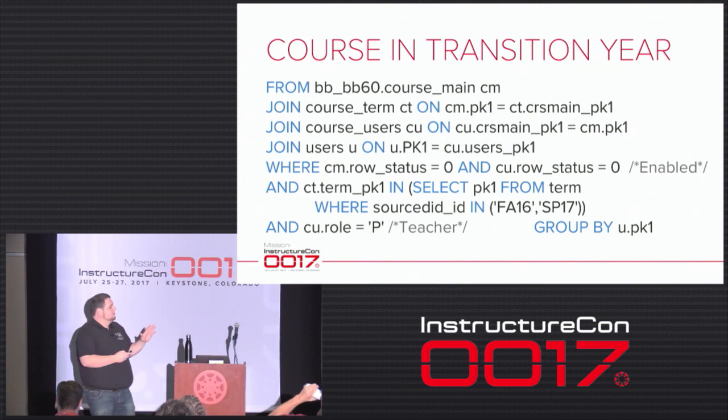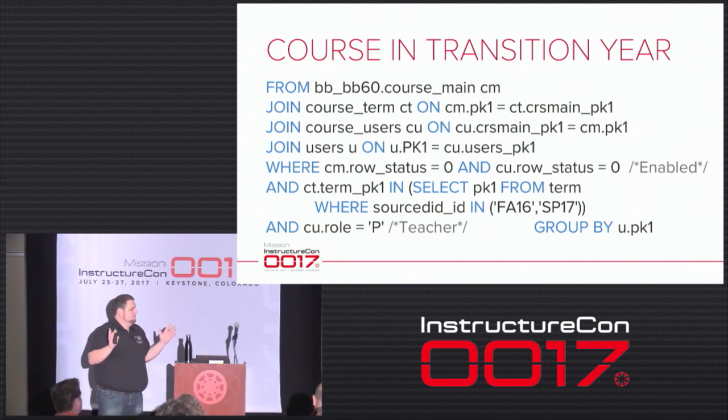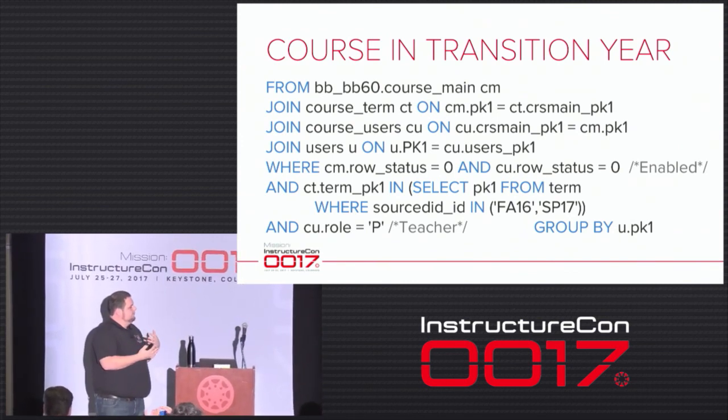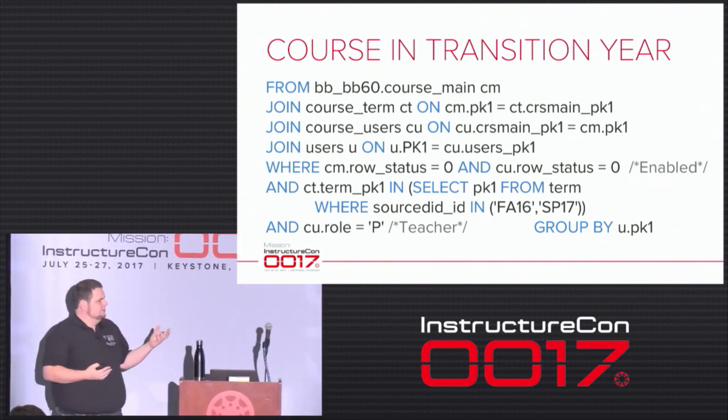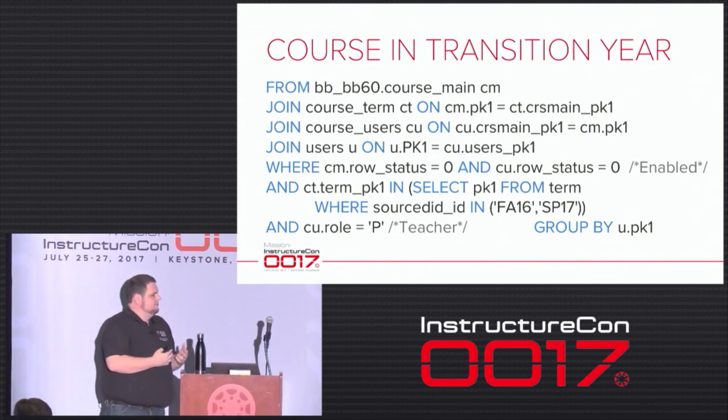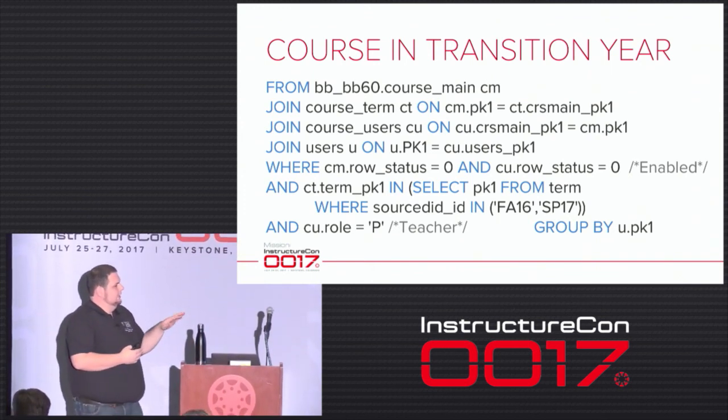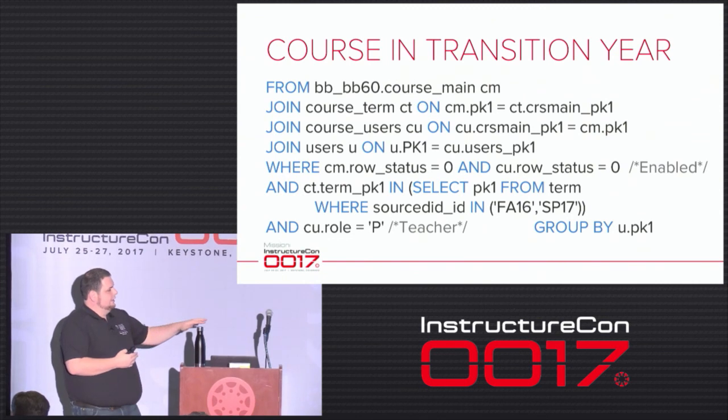This is for Blackboard's database schema, which should be valid for like the 5 previous versions for these very important tables. I just joined the course main table to the term, to the enrollments, which is course users, and to users. I selected where the course row status equals 0.